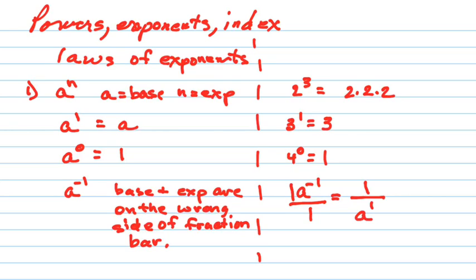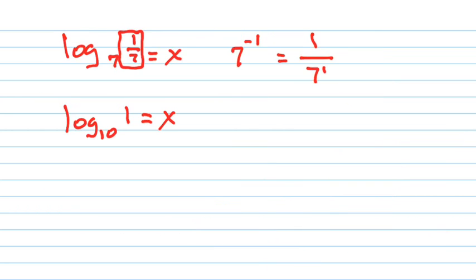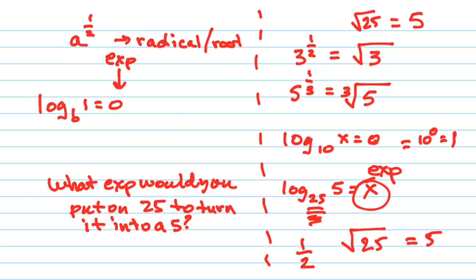What kind of exponent turns something into a 1? 0. What kind of exponent makes a whole number turn into a smaller whole number? A fractional exponent, because it really means you're taking a root, right? And anytime you take the root of anything, you're going to get another whole number.